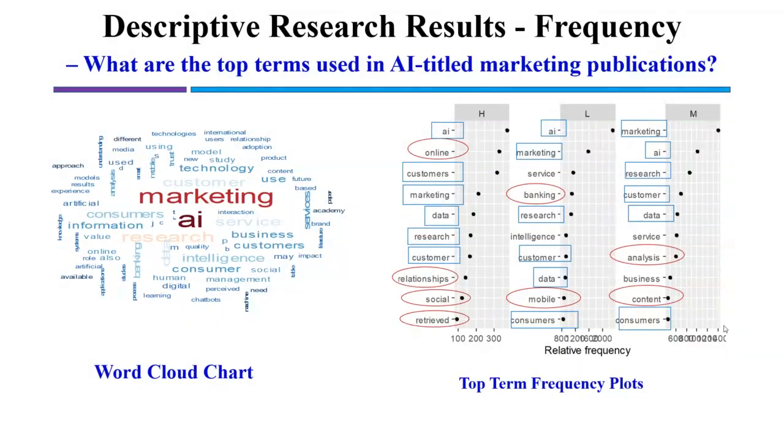Because it's a marketing journal, marketing is the most frequent word, and then AI. Then you can see others, definitely research, intelligence, business, customer. I also tried another way to see the top terms appearing in the top journal, medium level journal, and low level journal.